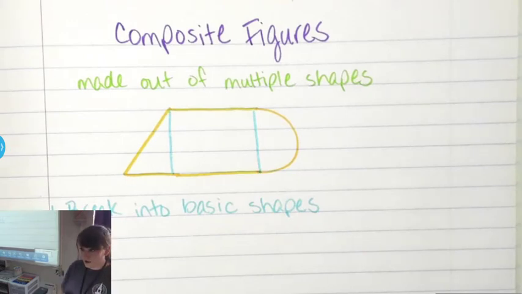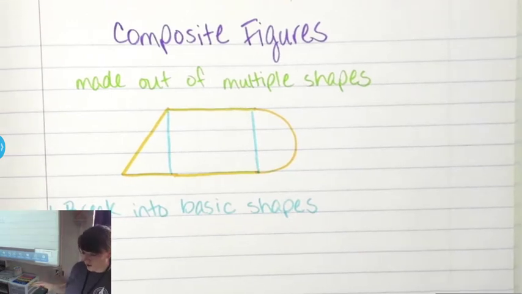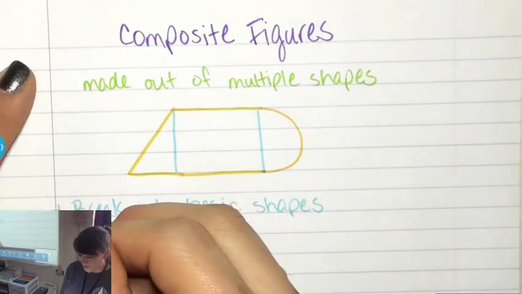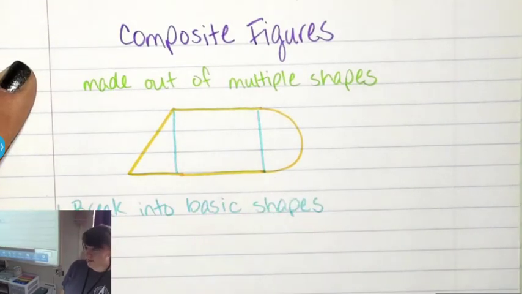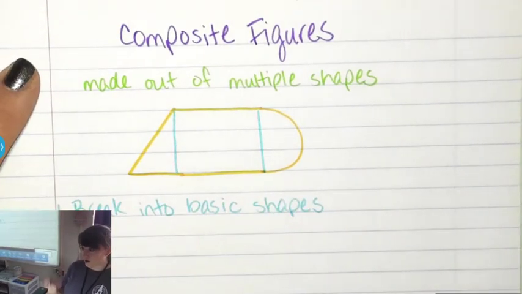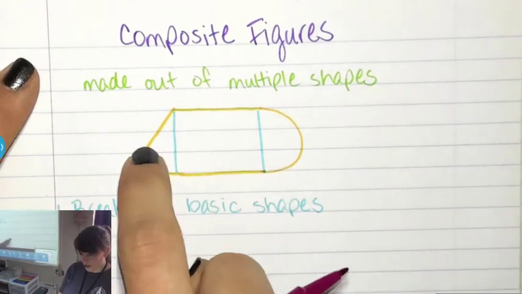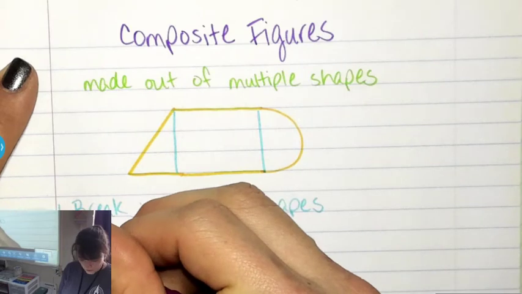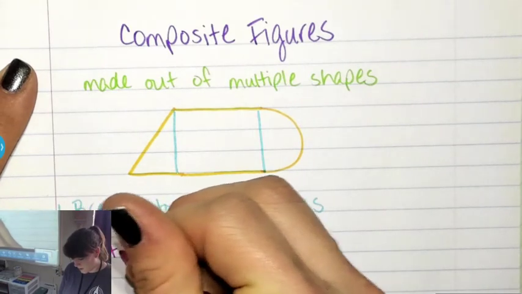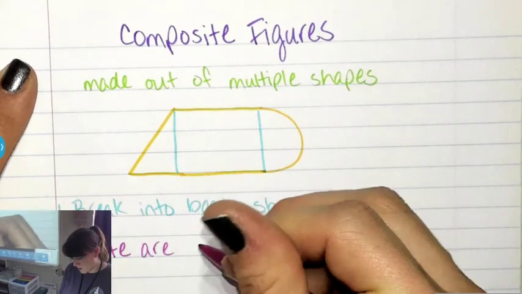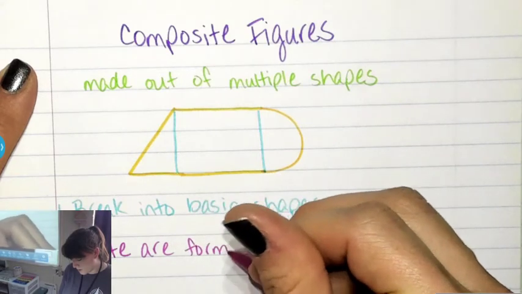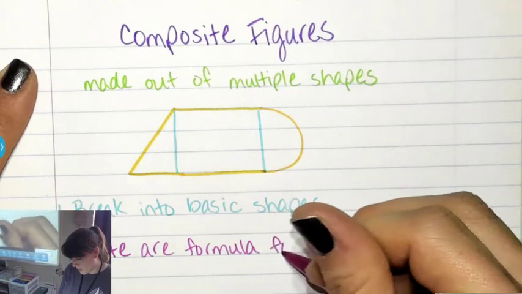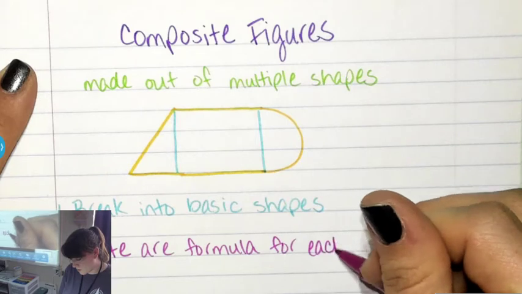Now, the next part, you copy straight off the formula chart or off your notes. Step 2, how many shapes are there? 3. So I'm going to write the area formula for each shape.